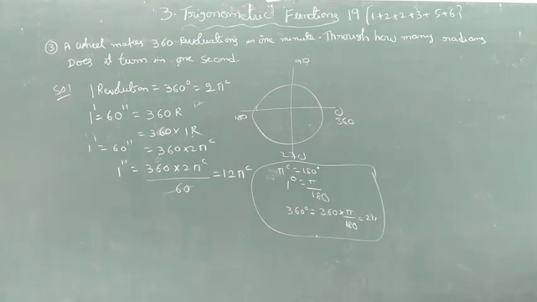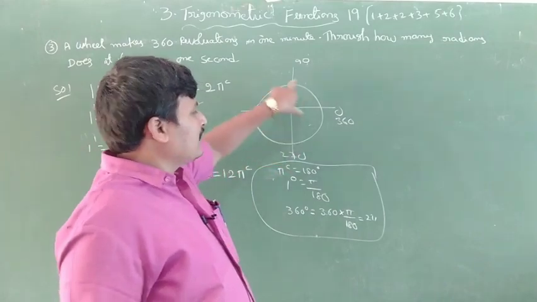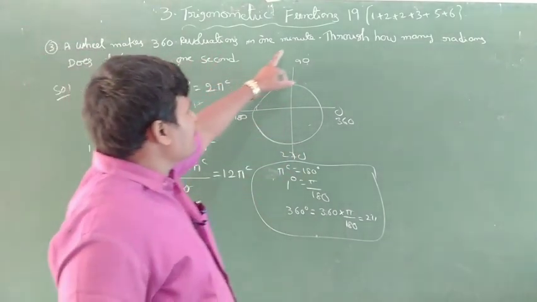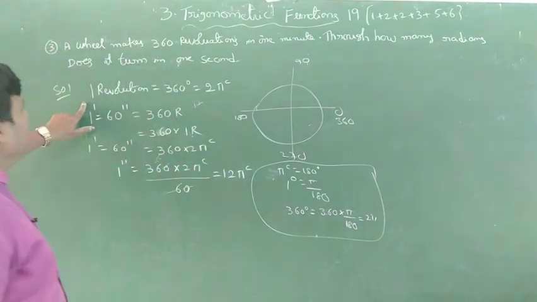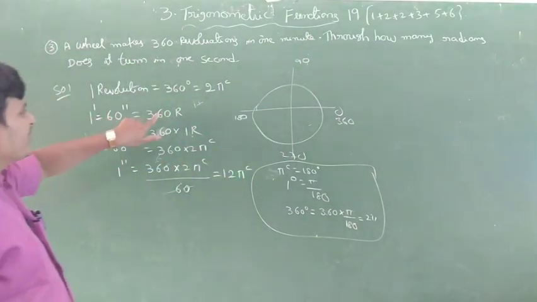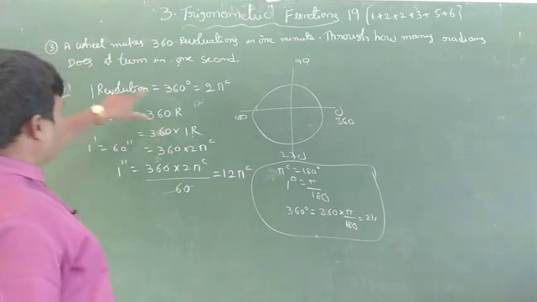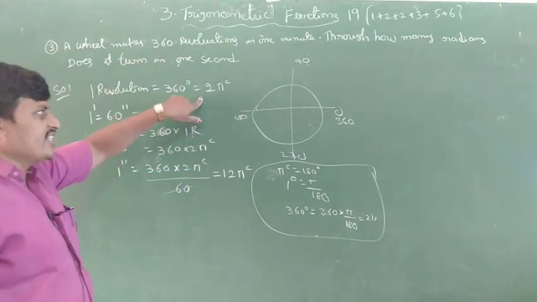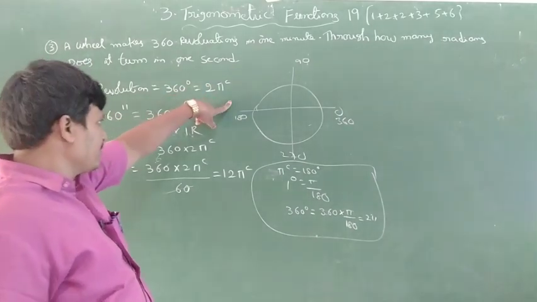Once again, a wheel means one complete circle. A wheel makes 360 revolutions in 1 minute. 1 revolution is equal to how many degrees? 360 degrees, which converts into 2 pi radians.